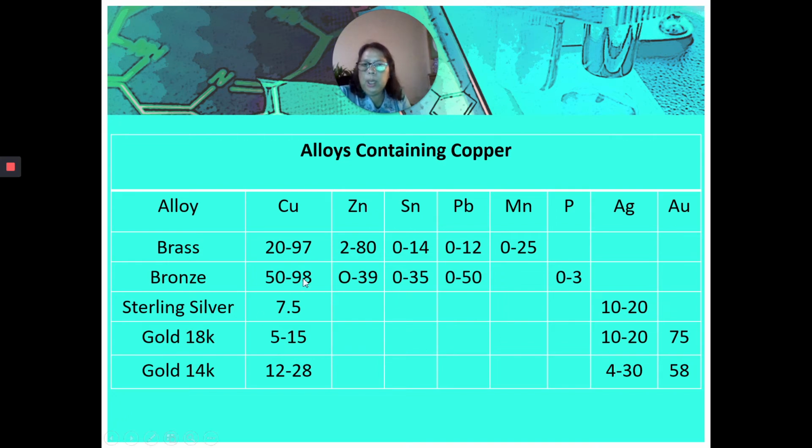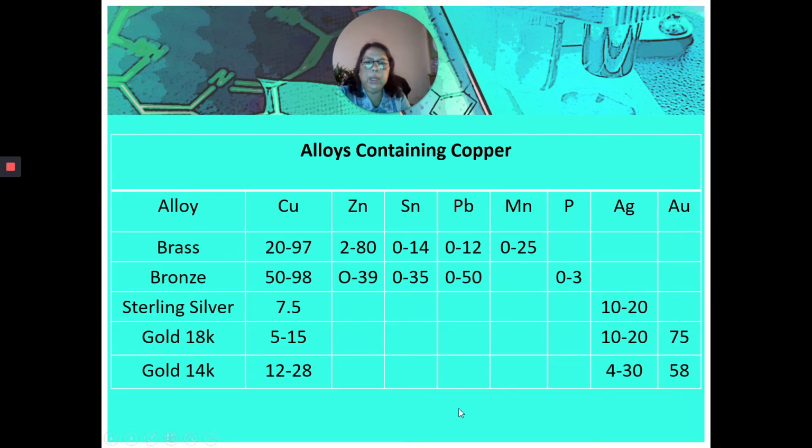So if we say 14 karat gold, it contains 12 to 28% copper plus 4 to 30 silver and 58% what is Au? Gold.